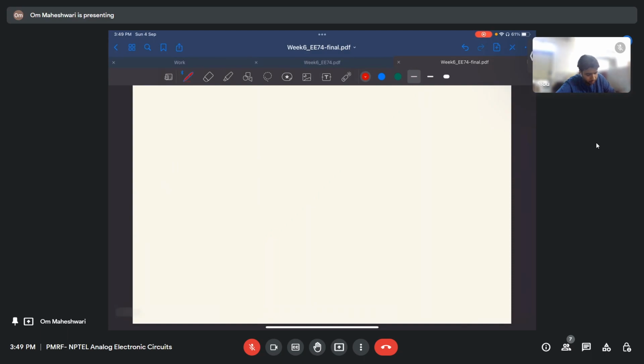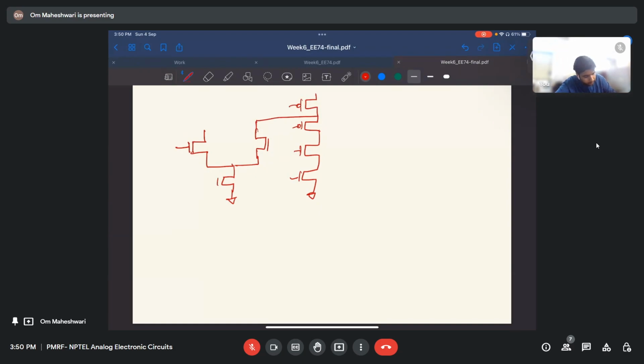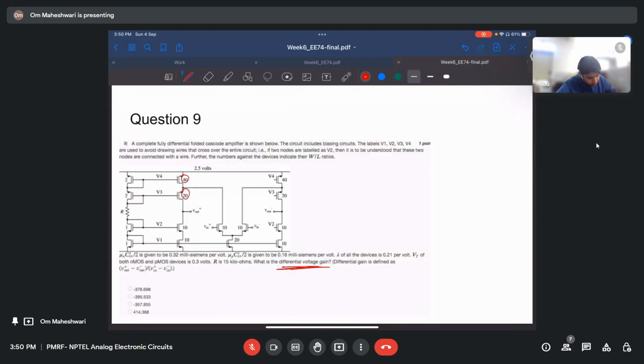Okay. So if I draw one side of it, these two are NMOS, these two are PMOS, and this is connected here. And these numbers are their widths, so their widths are given.